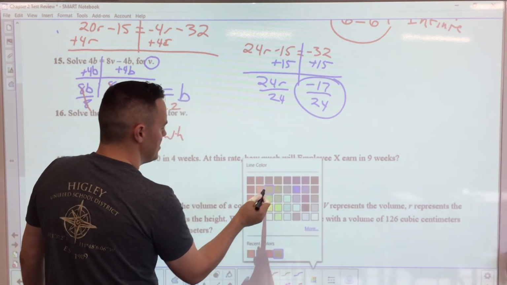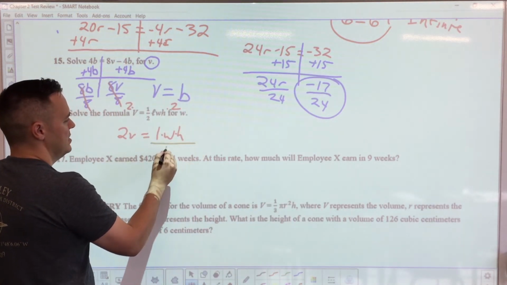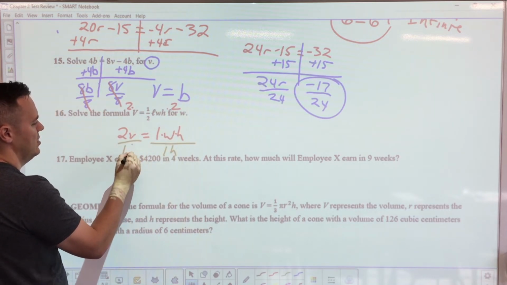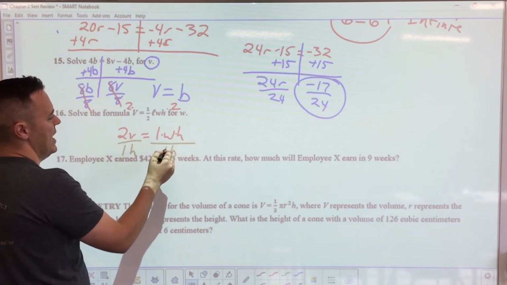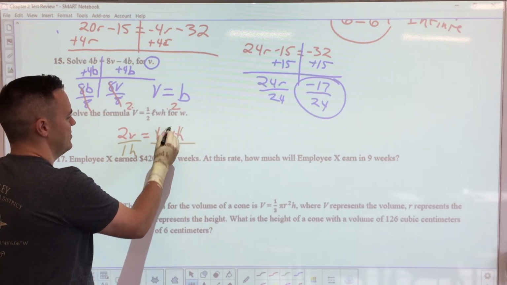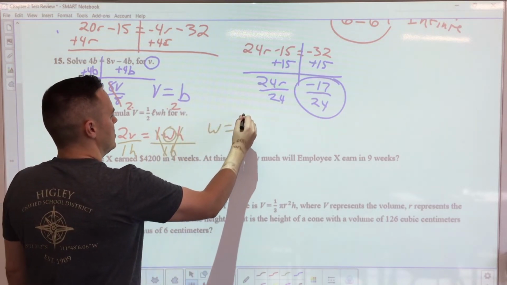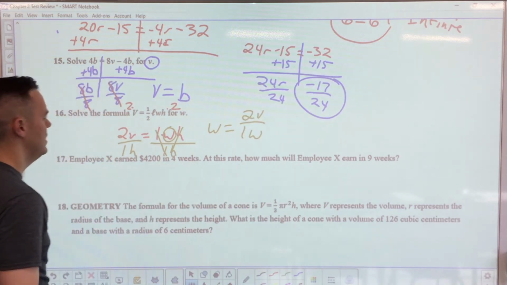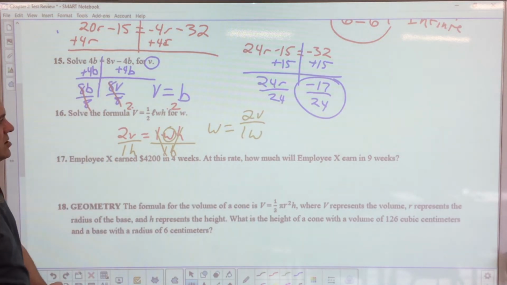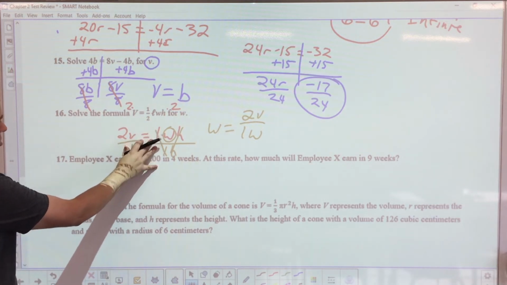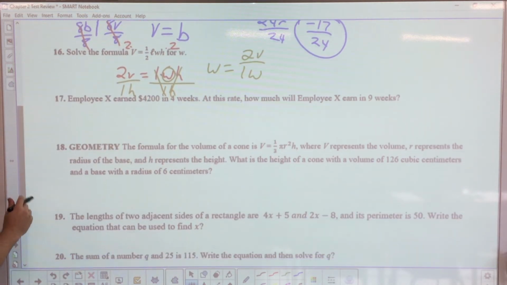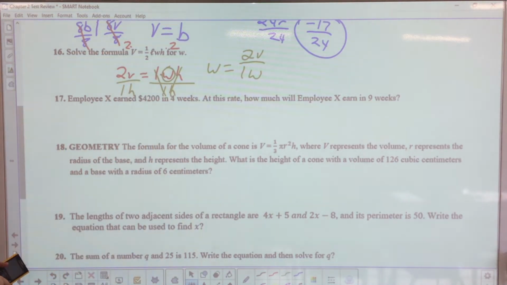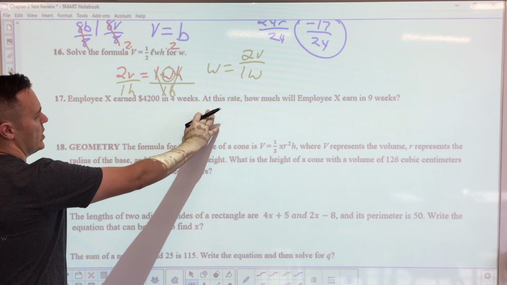So, since that's all multiplication, simply divide the L and the H out, and the L and the H out. If you do that, that cancels out. You have W left. W equals 2v over LH. All right, hopefully you guys understand how to do that. If you're struggling with this literal equation, please make sure you understand just the order of operations and how to do it.